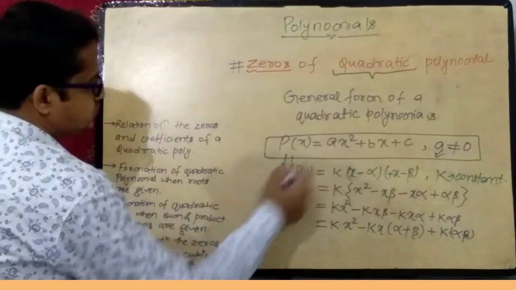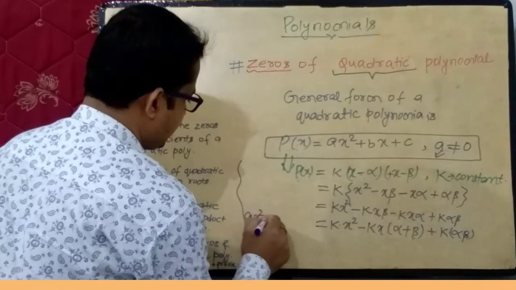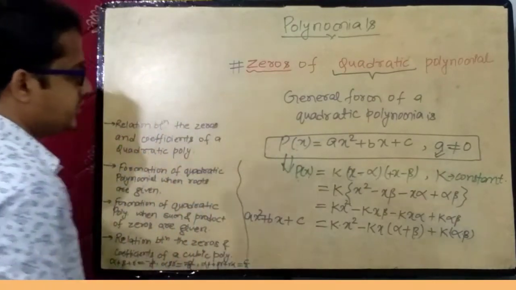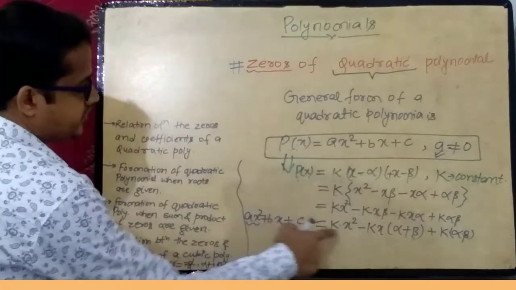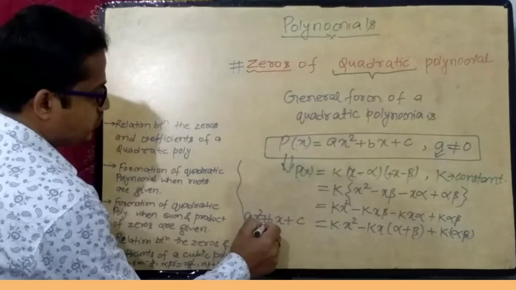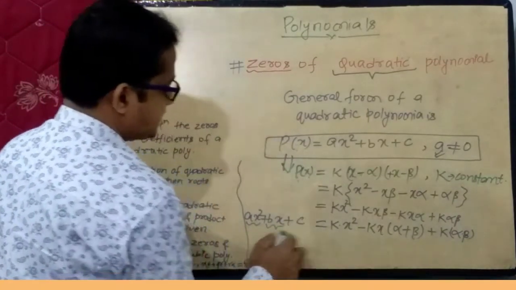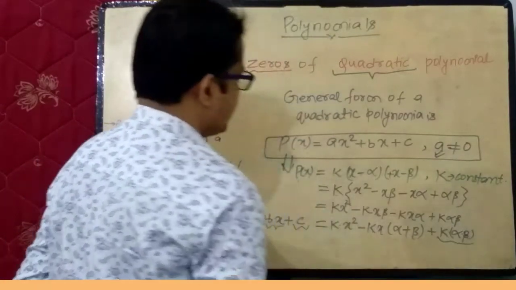Then p of x is what? This is ax square, add up bx, add up c. Now you can compare the coefficient of x square on both sides. You can compare the coefficient of x on both sides. Also you can compare the constant term on both sides.